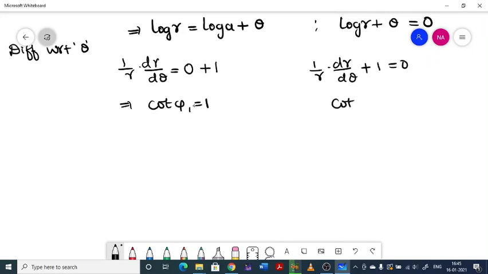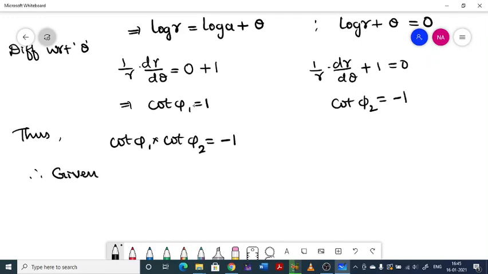So plus 1 you can take on right hand side. So cot phi 2 equal to minus 1. Now here you can't find phi 1 and phi 2 explicitly. That is not impossible, but that is a bit lengthy. Instead of that, cot phi 1 into cot phi 2 equal to 1 into minus 1. Therefore, the given pair of curves intersects orthogonally.